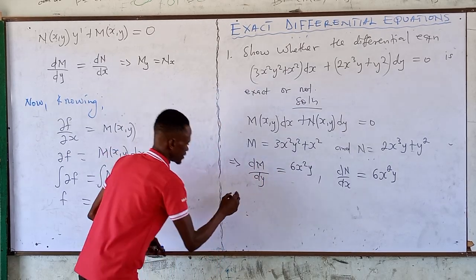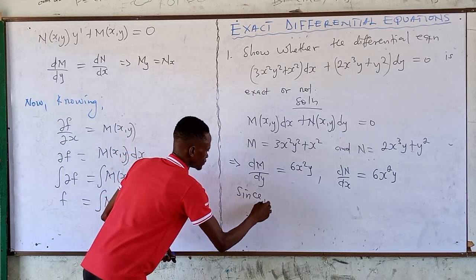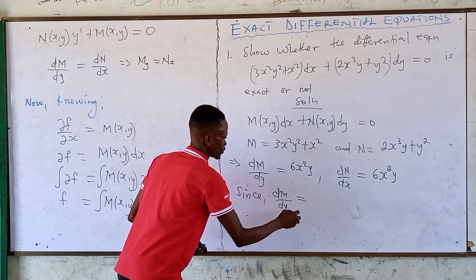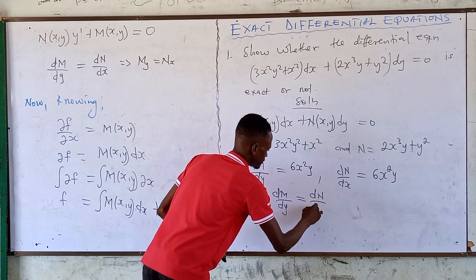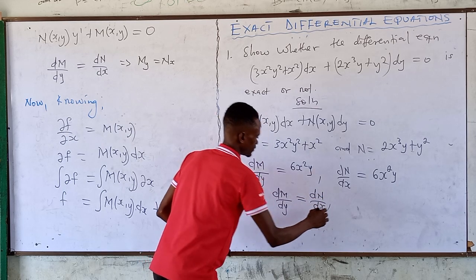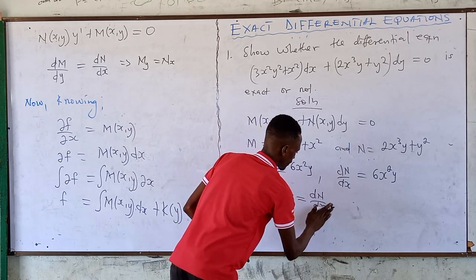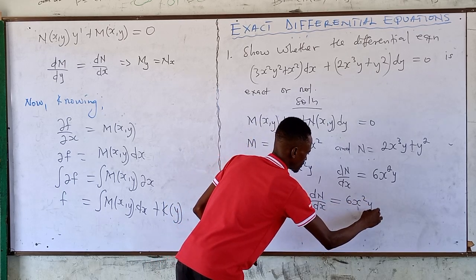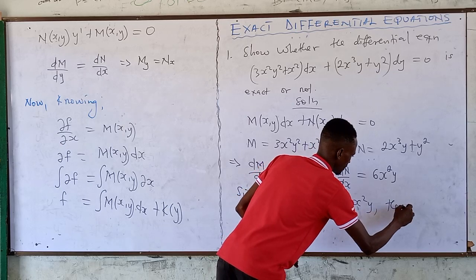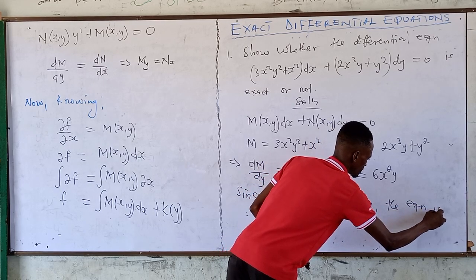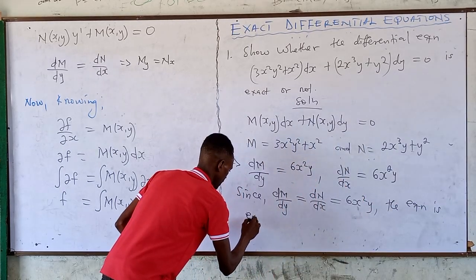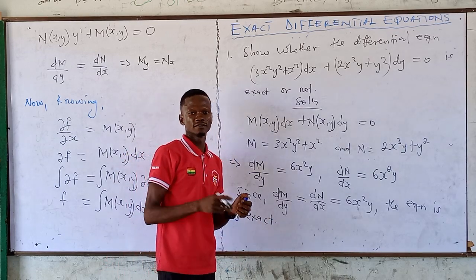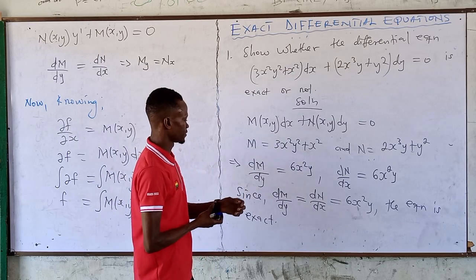So we conclude that since the partial derivative of M with respect to y is equal to the partial derivative of N with respect to x, which is also equal to 6x squared y, the equation is exact.